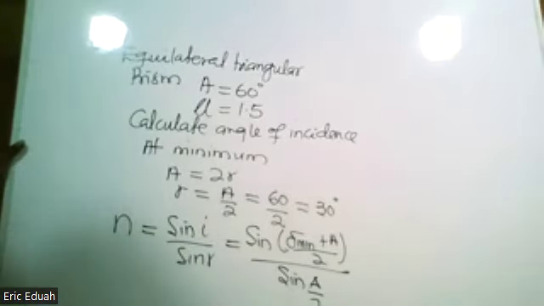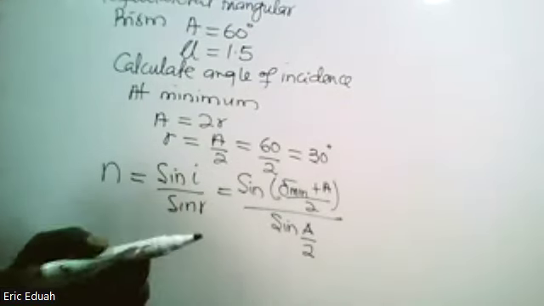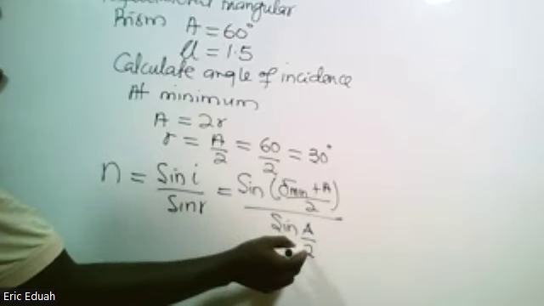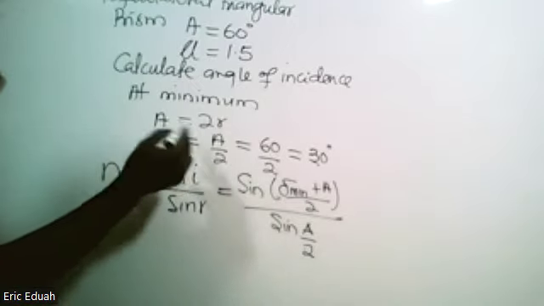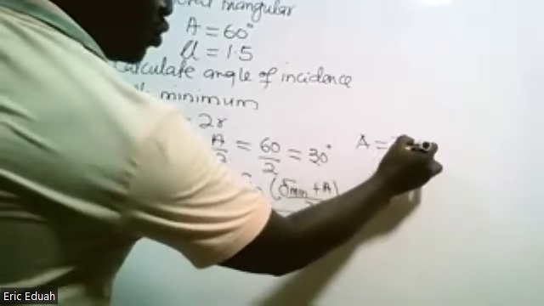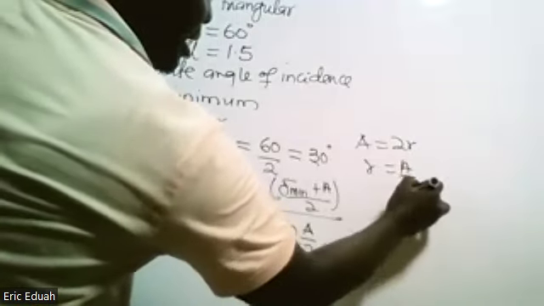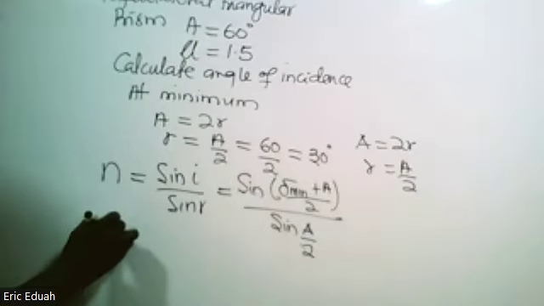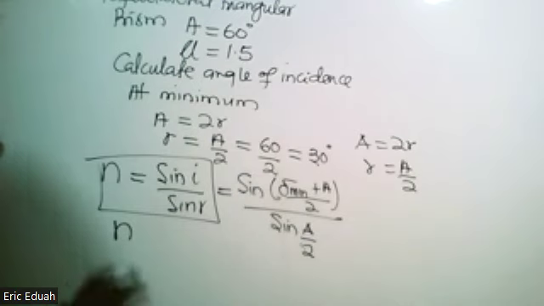So what I have done straight away tells you that A on 2 is 30. Because at the minimum deviation, don't forget from this equation, A is equal to 2R. It is this R that is being made the subject and brought here. So what we have is just the same as this one. Please, are we okay?